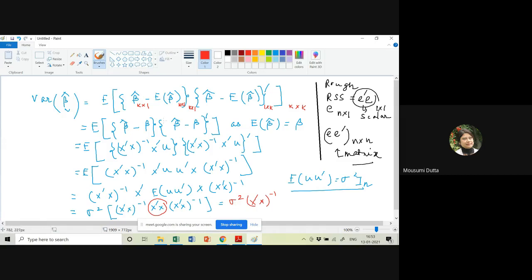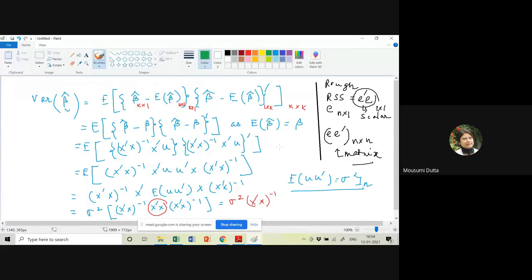So this is the value of the variance of beta hat. The variance covariance matrix of beta hat is given by sigma square X prime X inverse. Any question, any confusion?